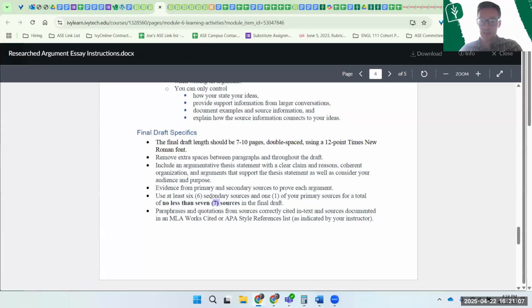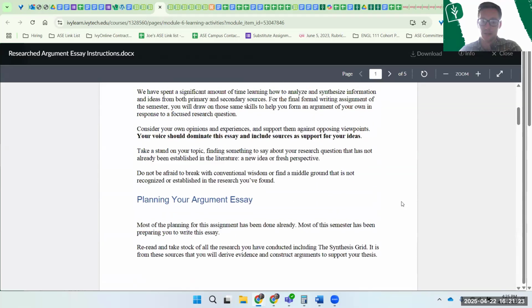Most of those will be secondary sources. One ideally should be a primary source, right? So some direct source related to your topic. And that's where we want to get to by the end of the term. So that's a couple weeks away, right?